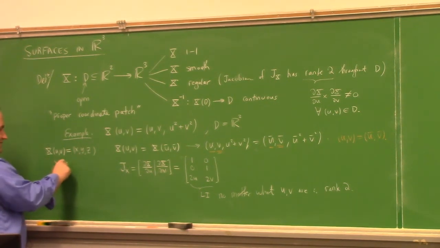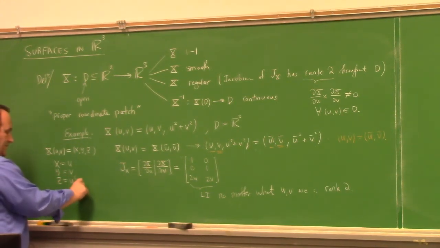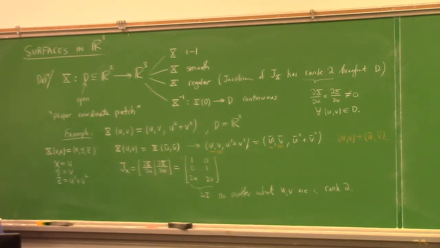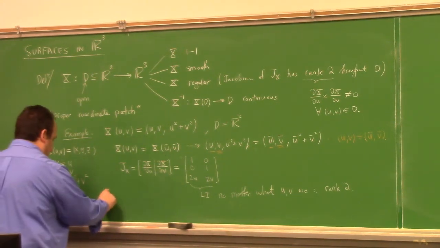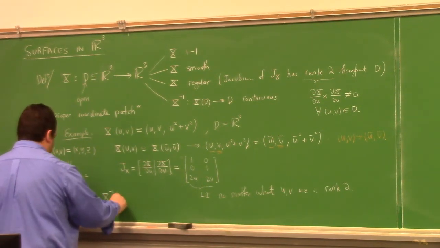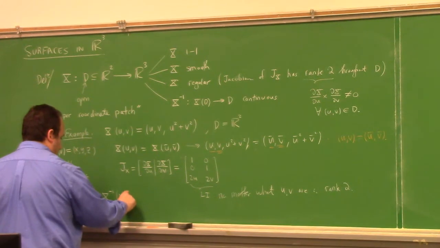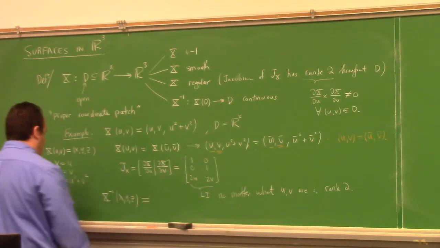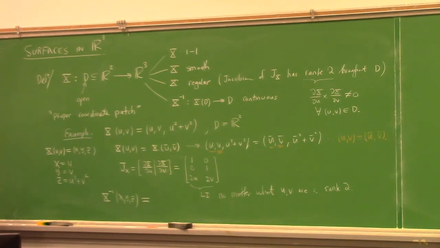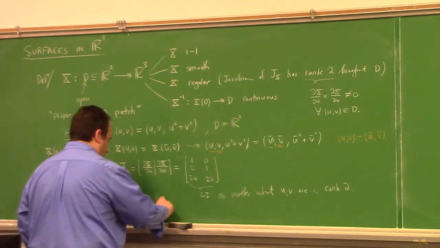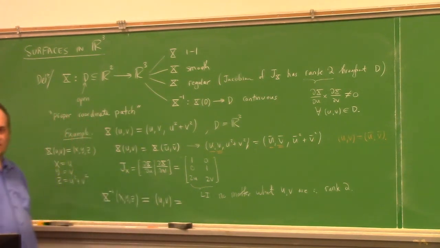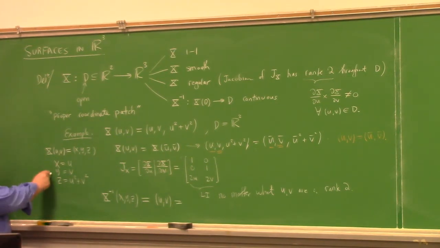So I need to solve x equals u, y equals v, and z equals u squared plus v squared for u, v. So let's see here. I want to say, what is x inverse of (x, y, z)? It's supposed to be (u, v), right? So for this one, it's very dumb. What can I put there? I can just put (x, y). Yeah.